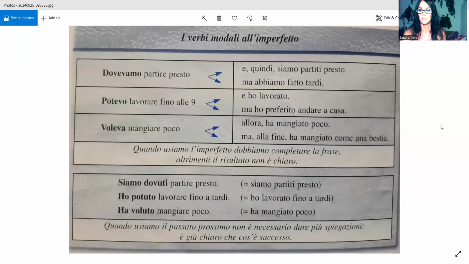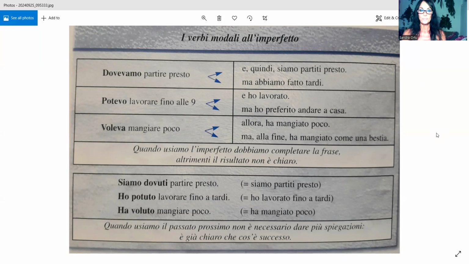I have here a table that I have taken from a book, which is quite useful. So let's see what we have there. There are already some examples ready for us to look at. Here we have I verbi modali all'imperfetto and al passato prossimo.